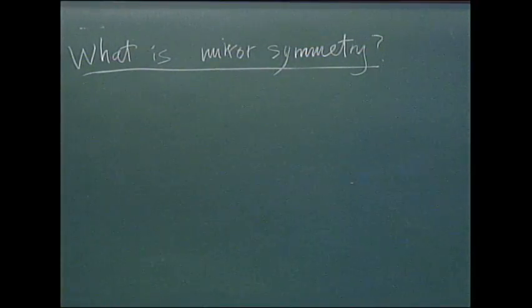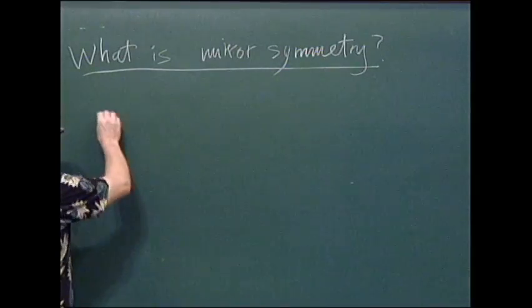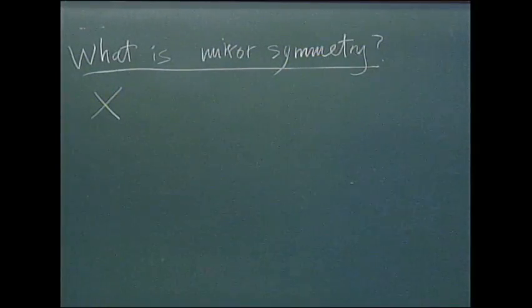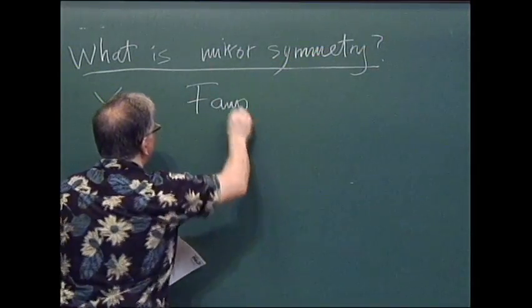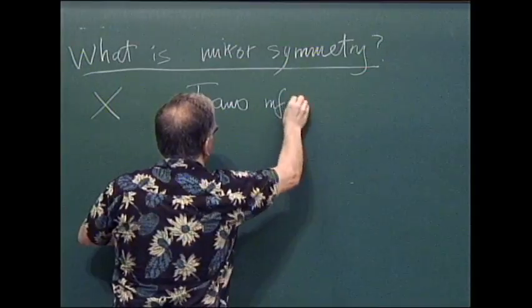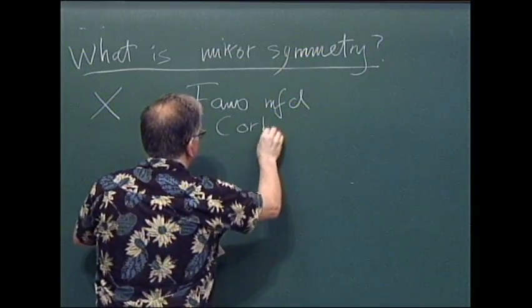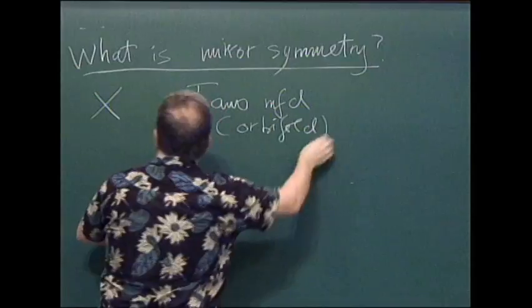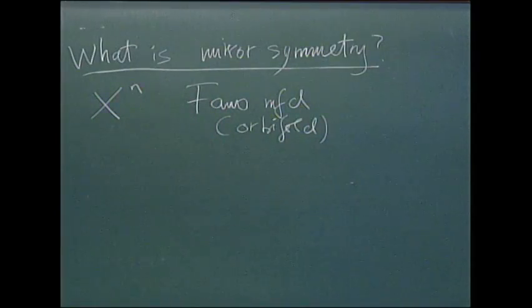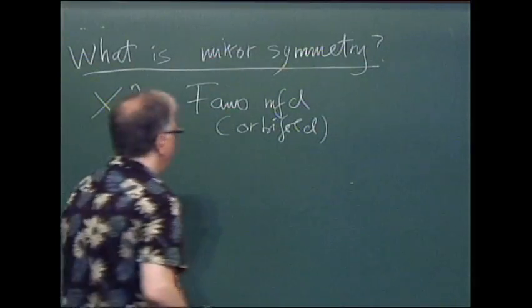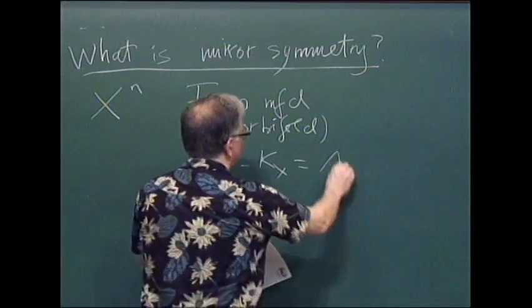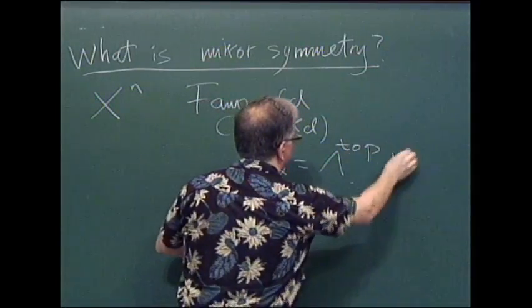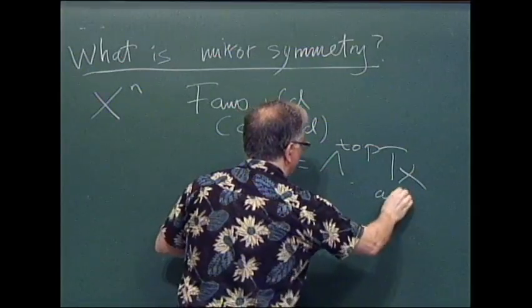There are two sides of mirror symmetry. On one side, I have a Fano manifold, or maybe orbifold, of some dimension n. And that just means that the anti-canonical class, the anti-canonical line bundle, is ample.